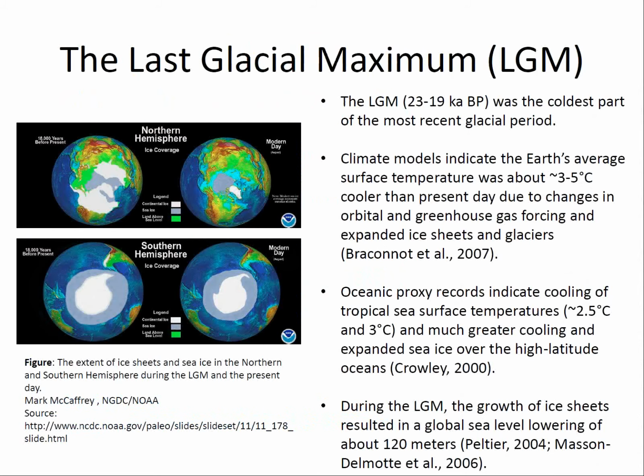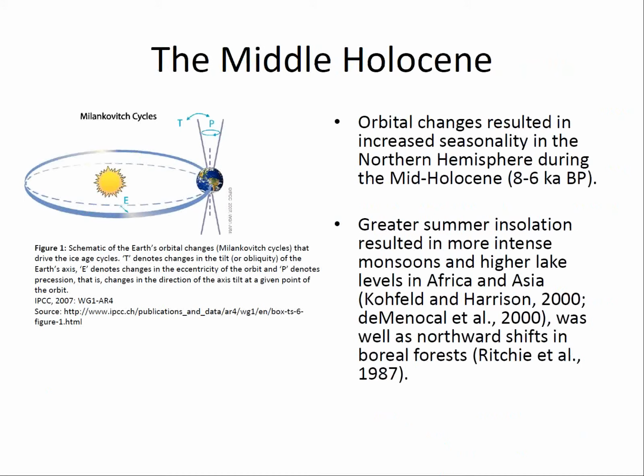So here, the introduction. The Last Glacial Maximum is the coldest time of the recent glacial period, and the temperatures were about 3 to 5 Celsius lower than today. And at that time, there was a lowering of the sea level of up to 120 meters, and it impacts the ice formation in the glacial region.